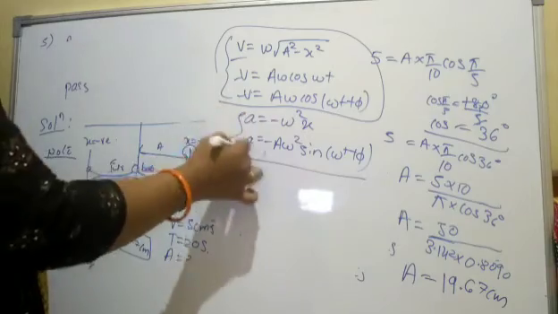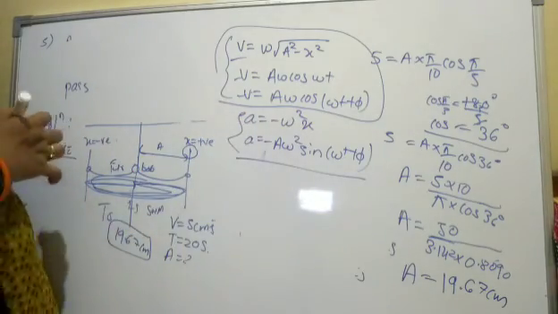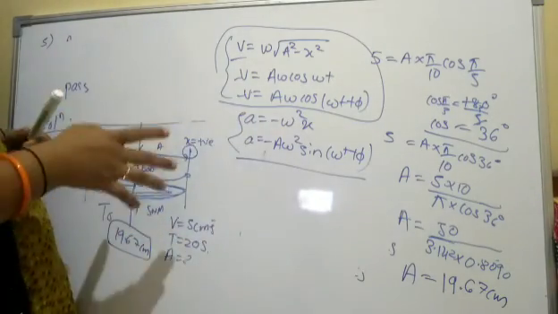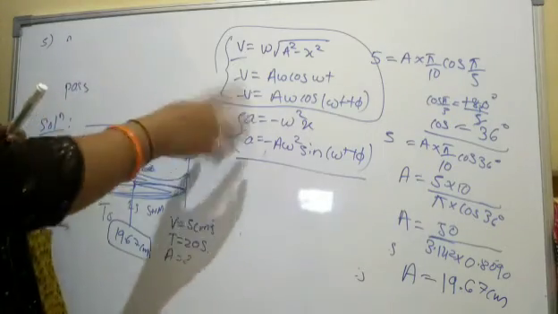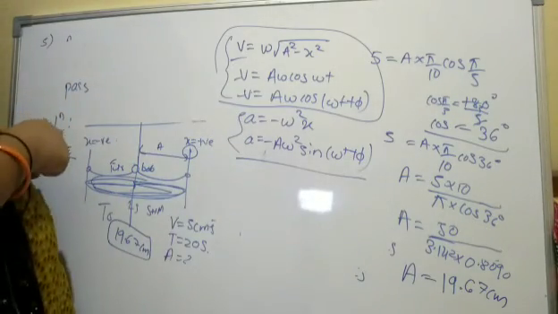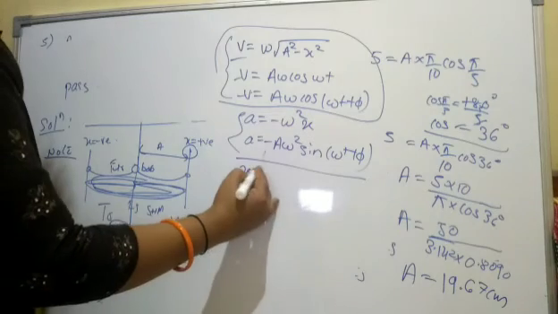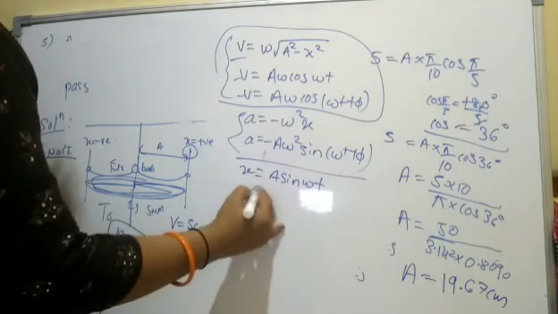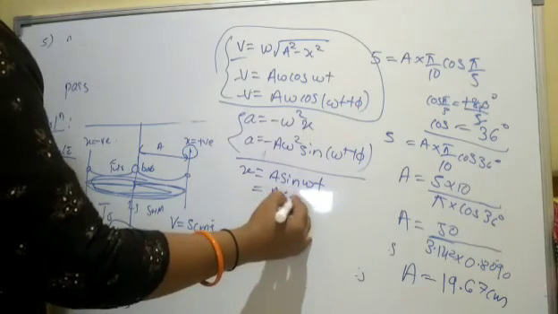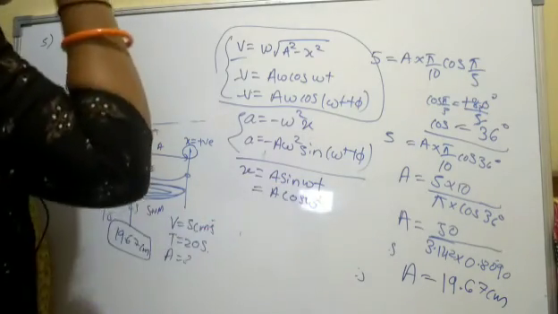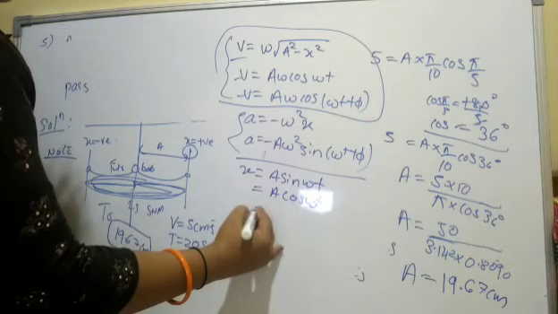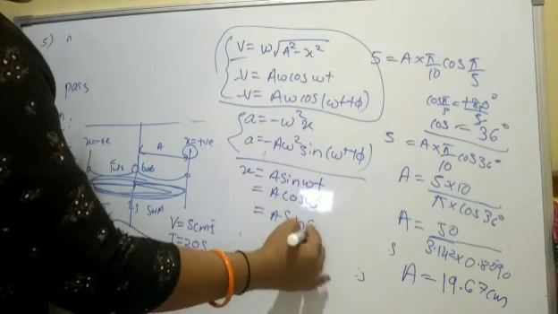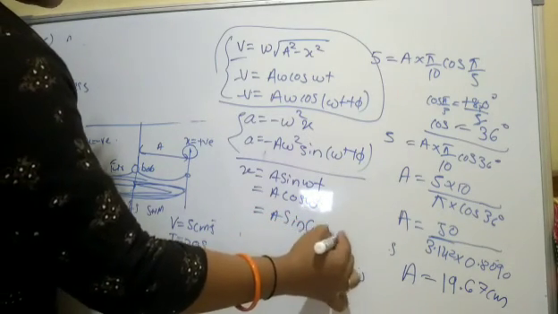Whatever the form, the acceleration, the velocity and the displacement are all given consistently. Displacement has a sine omega t and a cos omega t form, and a sine of omega t plus phi.